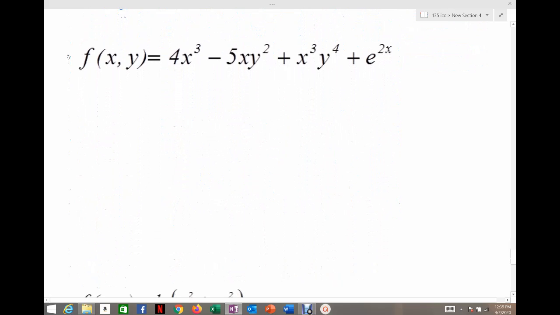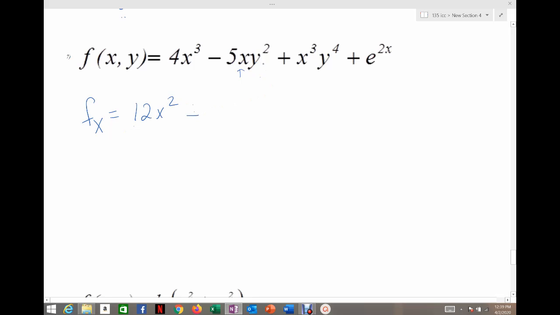Again, this one's just more complex. There's a lot more moving parts on this one. It looks like the x variable is a little more complex than the y because there are more x terms. So, derivative with respect to x. Every single term in here has an x value. So the derivative of each of the parts with respect to x. 4x cubed is just the power rule, 12x to the second. Remember taking the derivative of the x part.